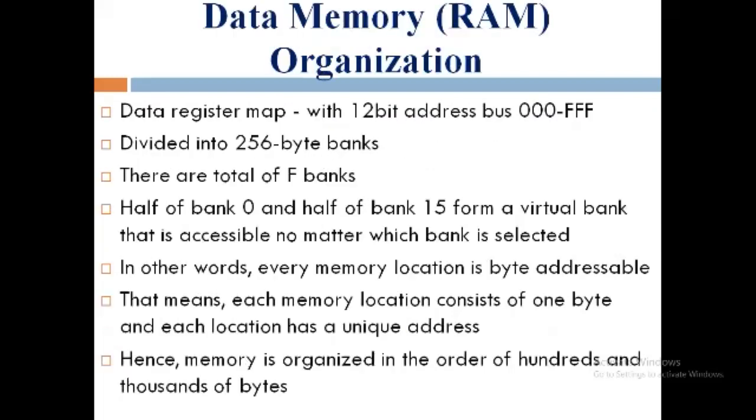Then the next topic is data memory, that is RAM organization. Data register map with 12-bit address bus, that is 000 to 888. Then divided into 256 byte banks. There are a total of 8 banks.